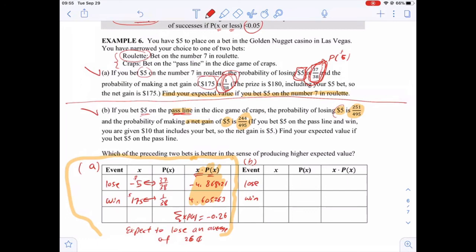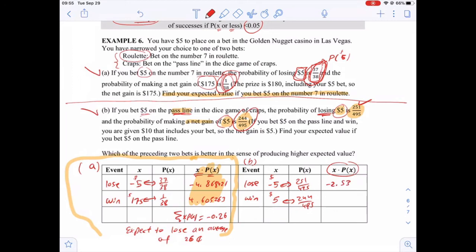What is x, the random variable value? It's $5. You may lose $5, that's negative 5, or you may win $5. The probability of losing $5 is 251 over 495. What is the probability of winning $5? It's 244 over 495. And then we multiply these to find x times p of x.